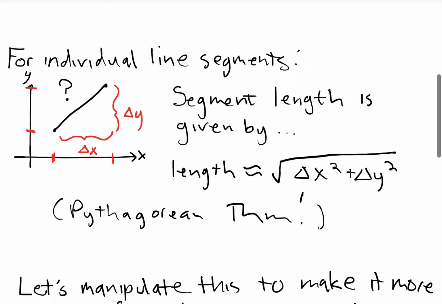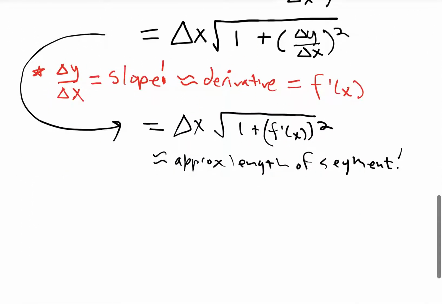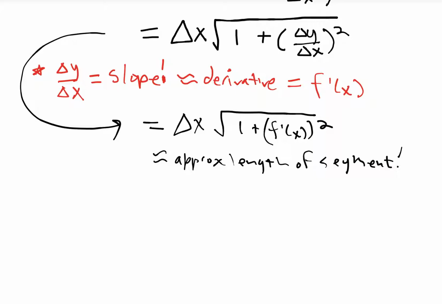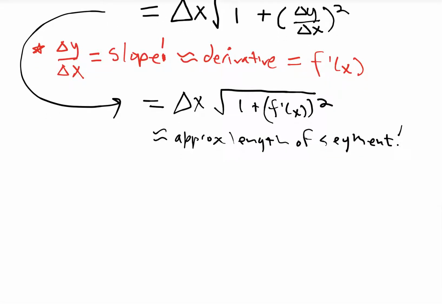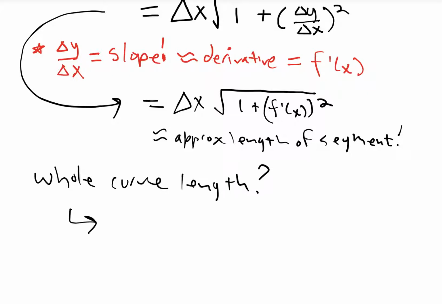So this expression that we've cleaned up is just one piece in a whole. If I want my whole curve length, this guy should be pretty close to what happens when I sum up all of these.